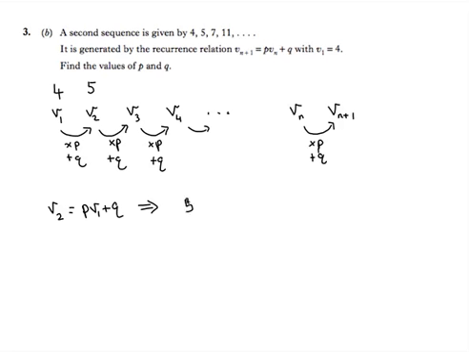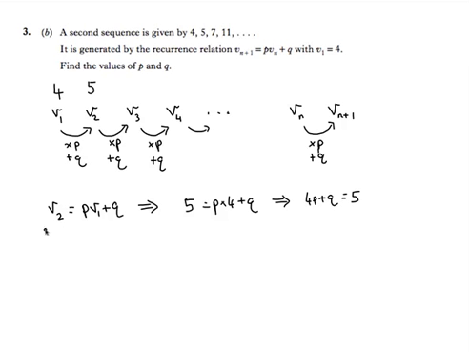So to get this 5, we had to multiply this 4 by p and add q. So 5 is p times 4 plus q. Or as we'd normally write it, 4p plus q is equal to 5. Just swapping the order around, replacing this by 4p in the normal way. And you'll see why I've turned it round that way in a minute.